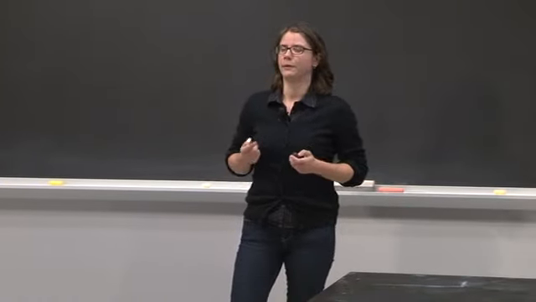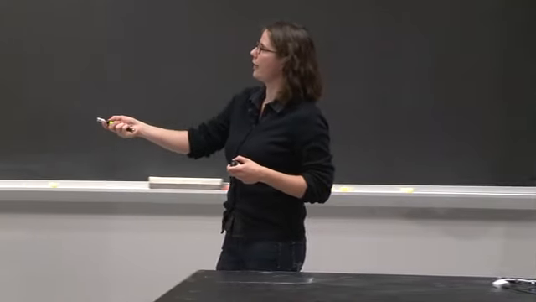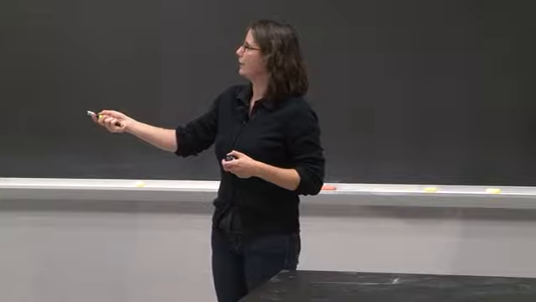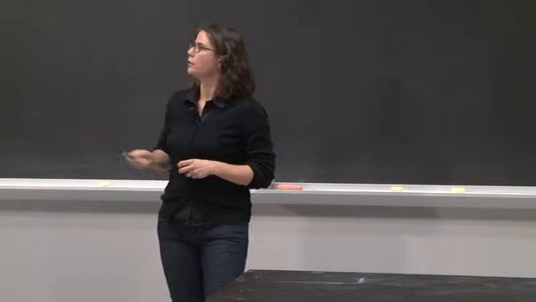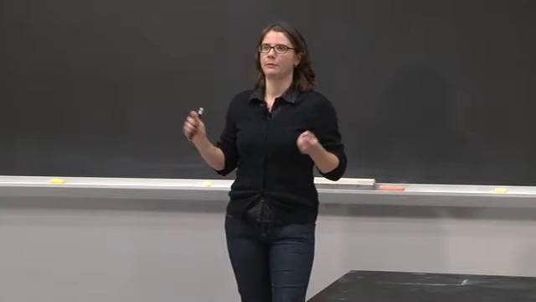So the way you get input from the user is using this function called input. And inside the parentheses, you type in whatever you'd like to prompt the user with. So in my example here, I have input, and then here I said type anything. So the user is going to see this text here, and then the program's just going to stop.